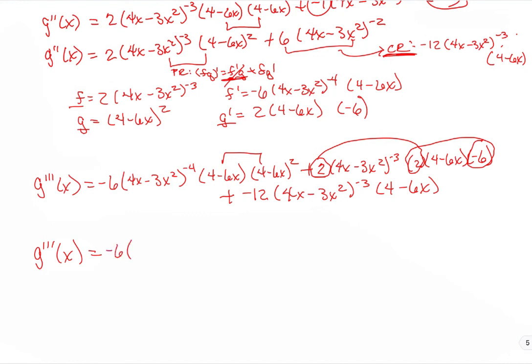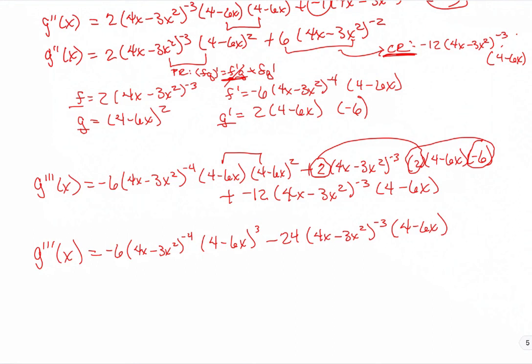So this minus 6 times (4x minus 3x squared) to the negative 4 times (4 minus 6x) cubed minus 24 times (4x minus 3x squared) to the negative 3 times (4 minus 6x), minus 12 times (4x minus 3x squared) to the negative 3 times (4 minus 6x). And if you notice, I have the same term here and here.